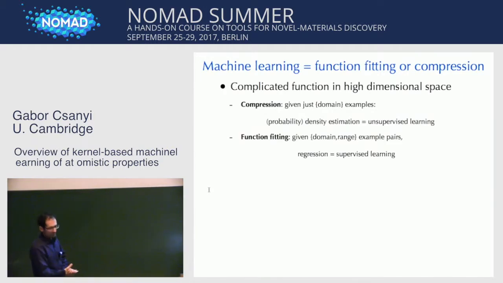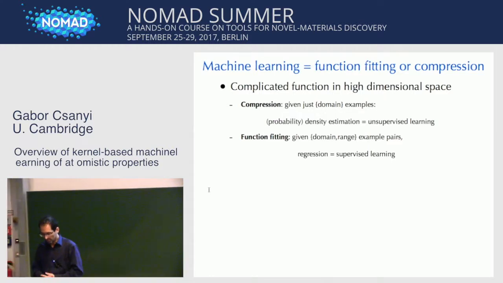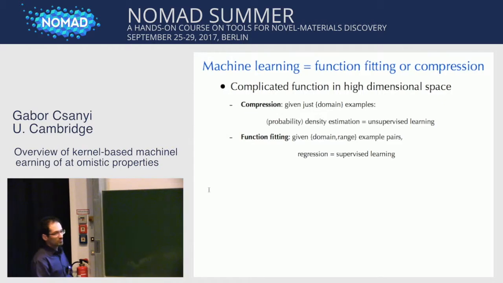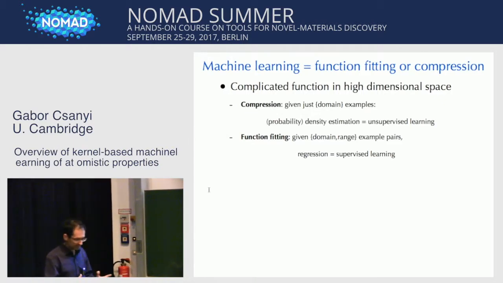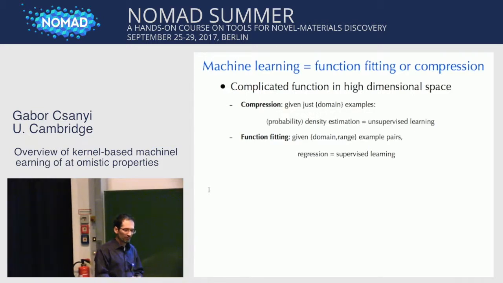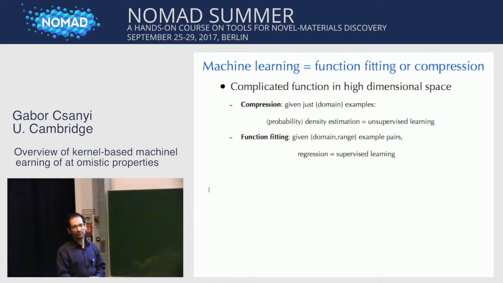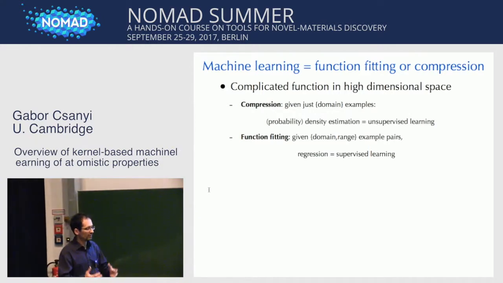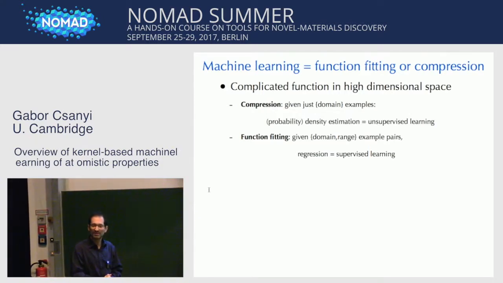And both of them are to do with very complicated functions. When you're doing compression, you're given, in some very high dimensional space, examples of where that function is interesting, but you don't get to see what the function is. That's usually called probability density estimation, or unsupervised learning.